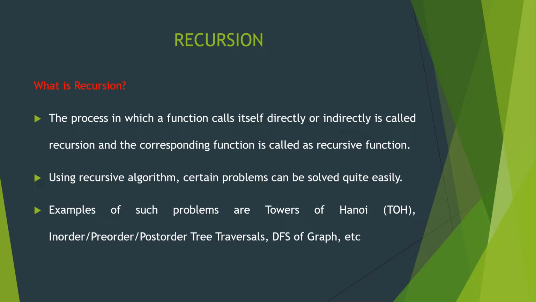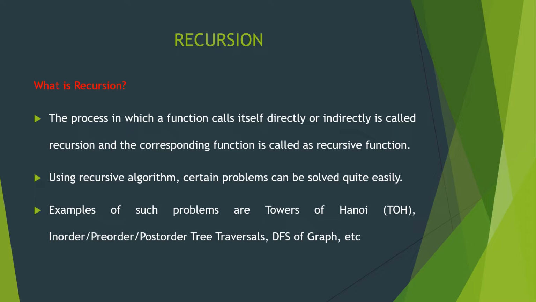What is recursion? Recursion is a process in which a function calls itself, directly or indirectly. The corresponding function is called a recursive function. Using this recursive approach, we can solve certain problems.